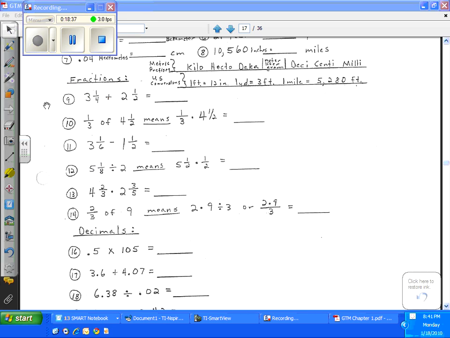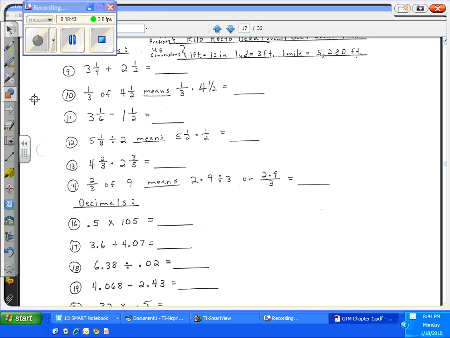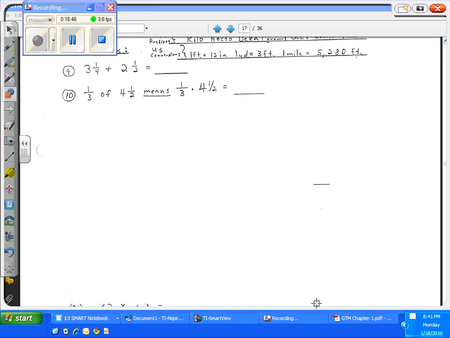Okay. Number 10. In the algebra text, we learned about turning words into mathematical symbols on page 37. And when we did that, we learned that that little word of means times. So 1/3 of 4.5 means 1/3 times 4.5.